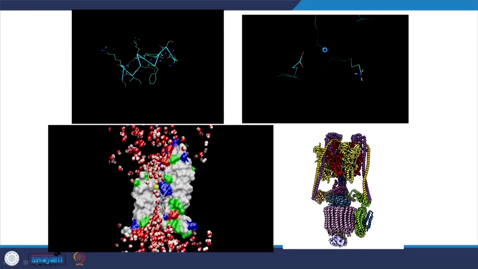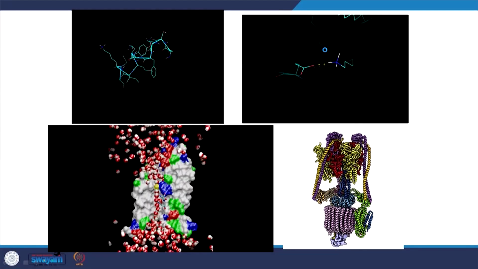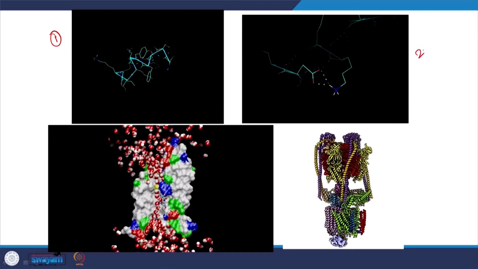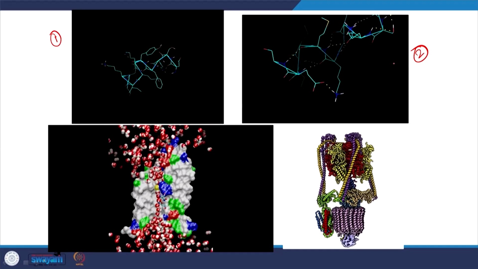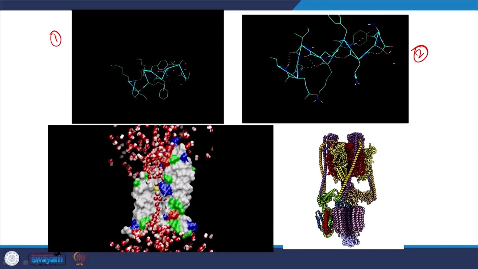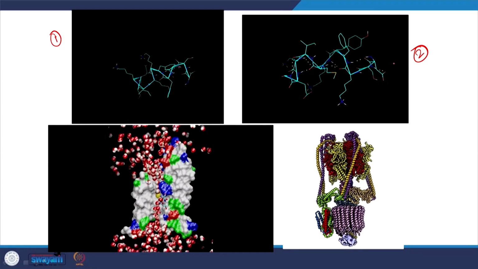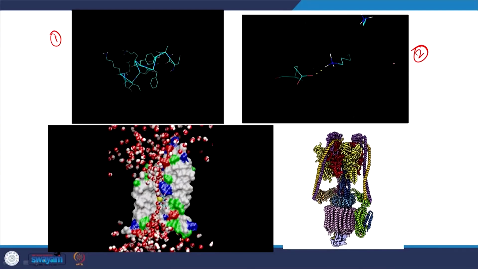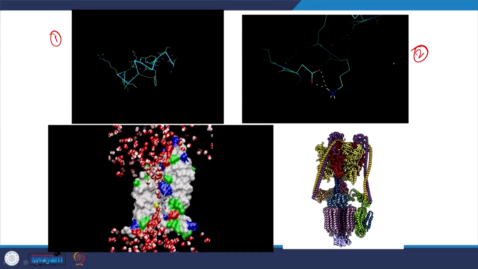publication quality structures. So, if you look at movie 1 and movie 2, this is a representation of how you could normally work in PyMol, or how you could work and develop high resolution movies.